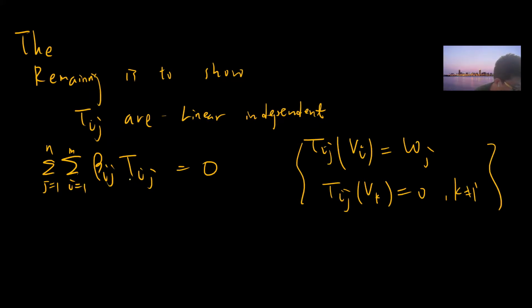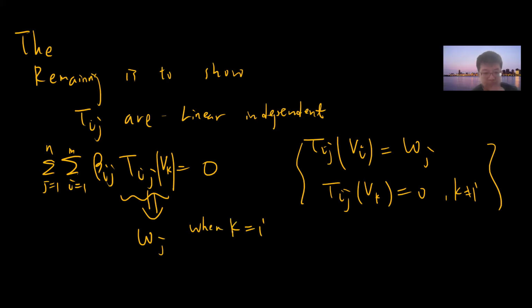Let's apply vk to it. So what is this? This becomes wj when k is the same as i.